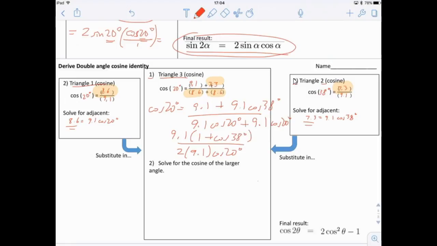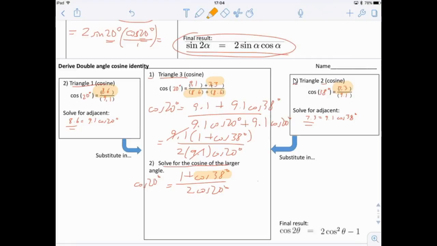We can cancel out the 9.1s, right? So now on top we have 1 plus cosine of 38 degrees divided by 2 cosine 20 degrees, and that is equal to cosine 20 degrees. And then here it says solve for the cosine of the larger angle, which is 38 degrees. We're going to isolate cosine 38.